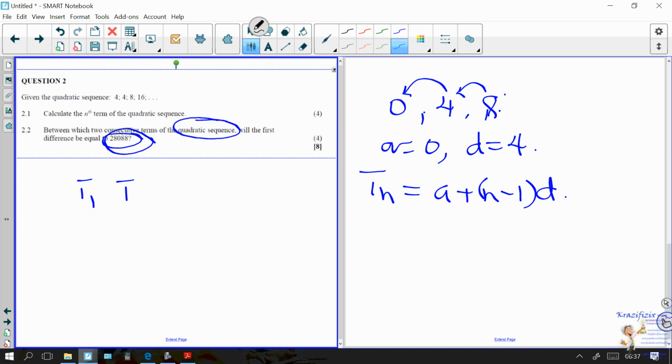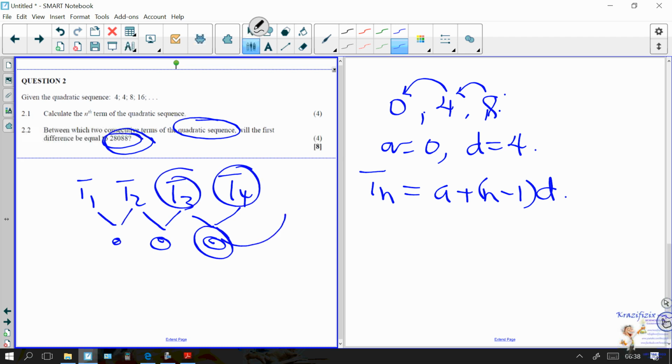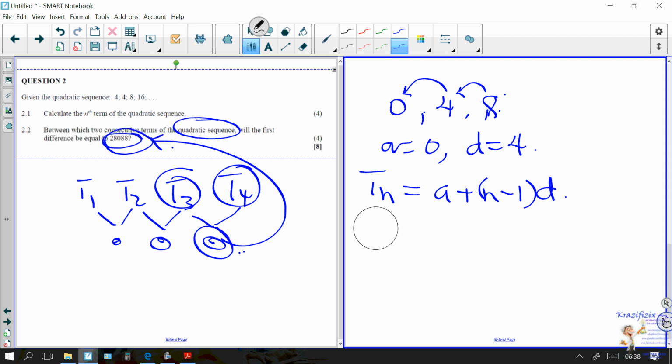Remember, it's quadratic T1, T2, T3, T4. Under the quadratic, we have our first difference here. Between which two numbers is this difference equal to 28,088? That's what we're looking for. We must find this term first. So my Tn now is 28088. Okay.